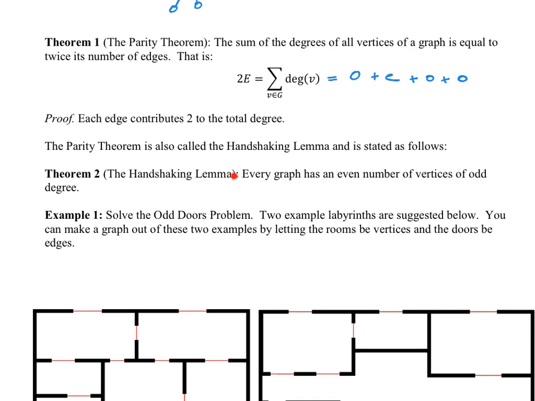That's what the handshaking lemma says: we have to have an even number of odds. So the scenario that we wrote down here wouldn't be possible, but it certainly could be possible if we added one more odd vertex. Then we have our even number of odd vertices. With this theorem, either the handshaking lemma or the parity theorem, we're ready to return to the odd doors problem and solve it.